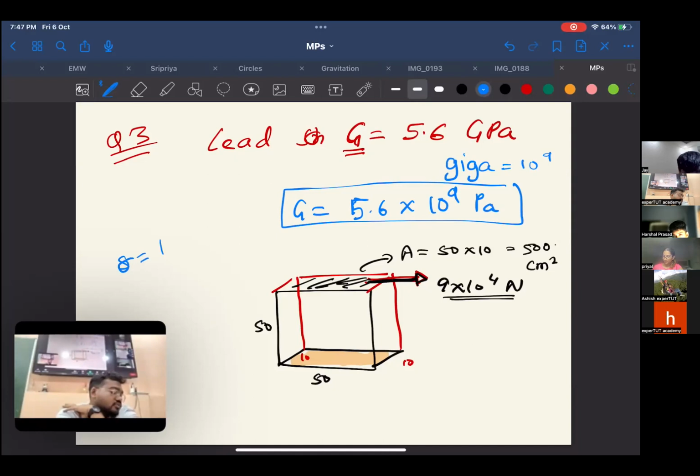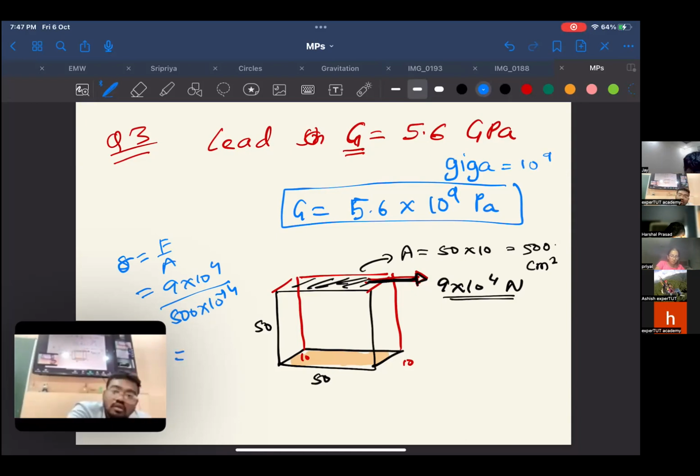The stress is force by area. Force is 9 into 10 power 4 divided by area, which is 500 centimeter square, so you will have to convert into meter square. Yeah, 500 into 10 power minus 4 meter square. You'll get some stress applied.